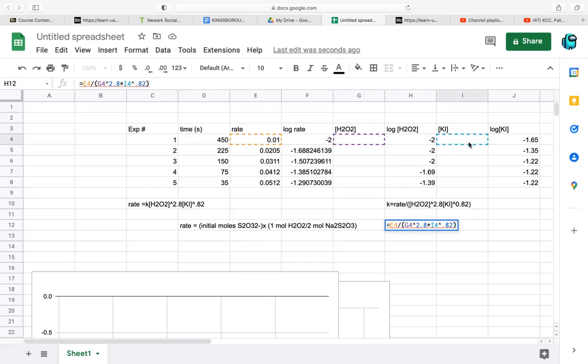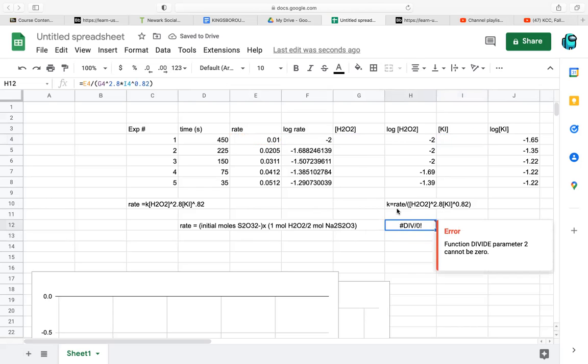Then close parentheses, and then check to make sure that makes sense. You're saying, look, E4 is the rate divided by G4, which is the concentration of H2O2, raised to the 2.8, which is our exponent. So that's good. Times I4, which is the concentration of Ki raised to the 0.82. That's right. And then you hit return.